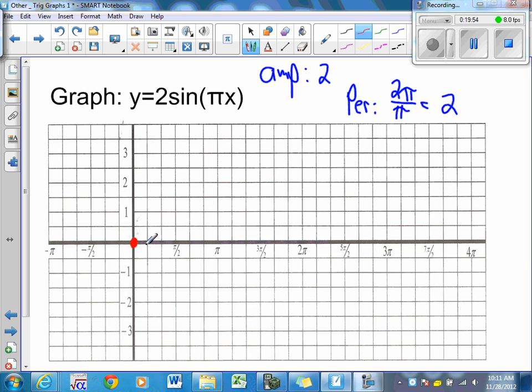Well, remember, these are about a half. So a half, 1, 1.5, 2. That's where it ends. In the middle, it's at 0. Between the first two, it would be at 1, but my amplitude is 2. Between the second two, it would be at -1, but my amplitude makes it -2. So I get my graph of 2 sine of pi x.